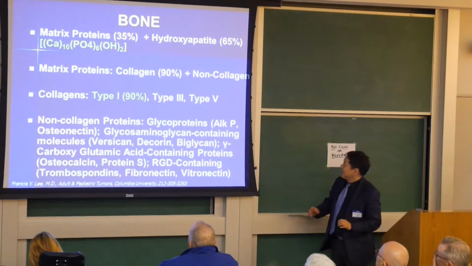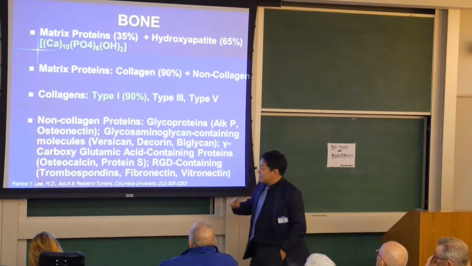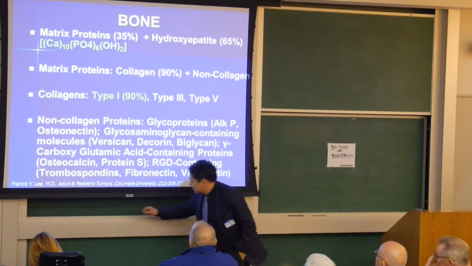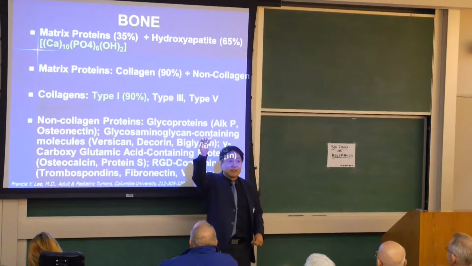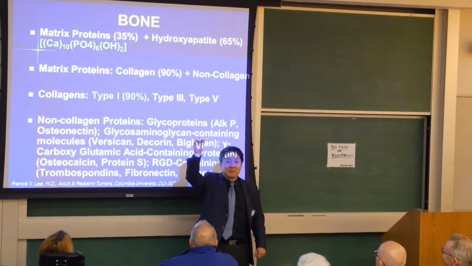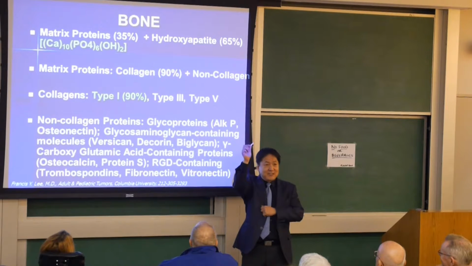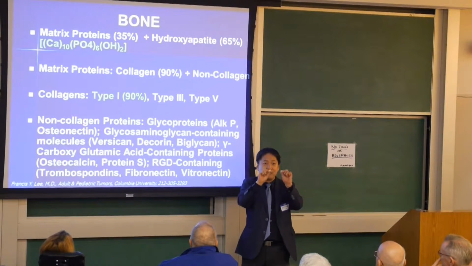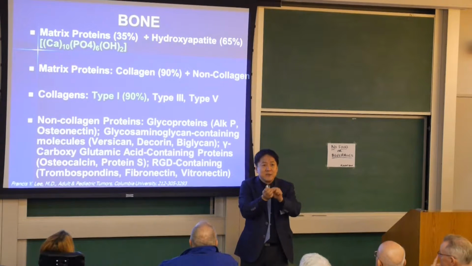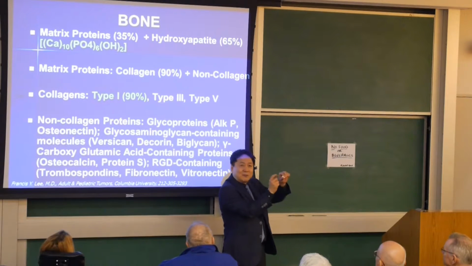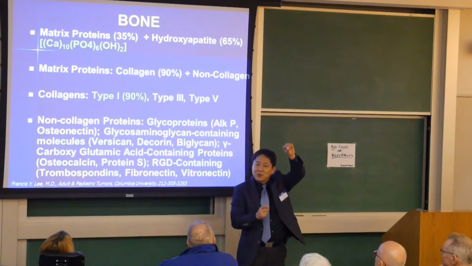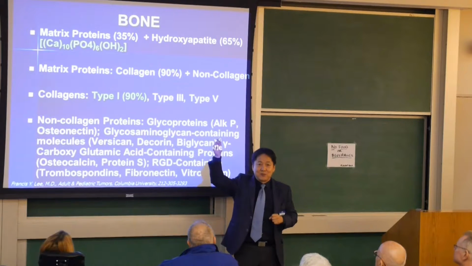And what is bone made of? About 80% is calcium. So we have chalk here, the same material, calcium phosphorus. And this chalk is very dense, but it breaks very easily because it does not have matrix. Matrix means fibers. So imagine if you could put a lot of fibers inside this chalk, it could be much stronger.